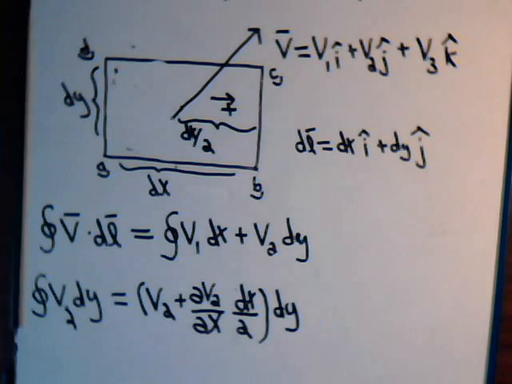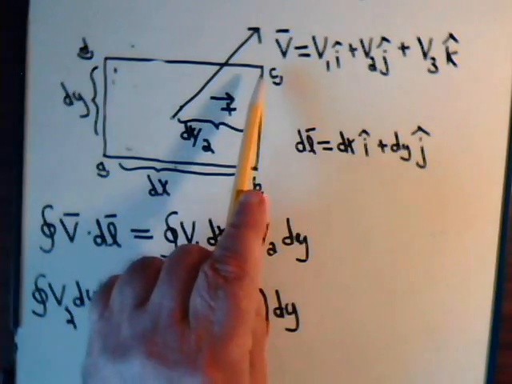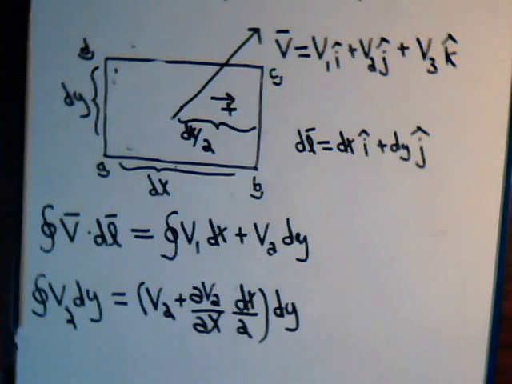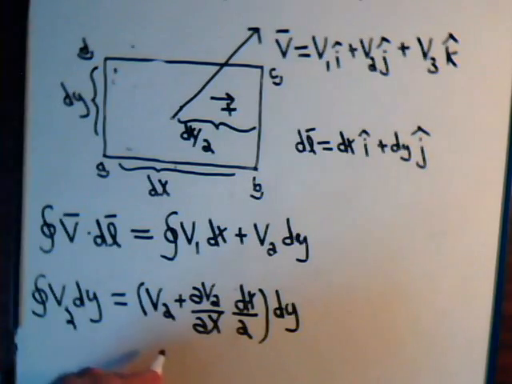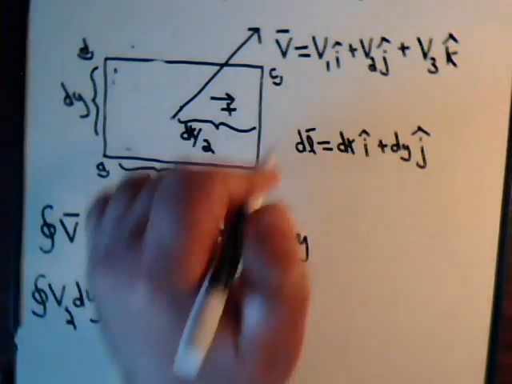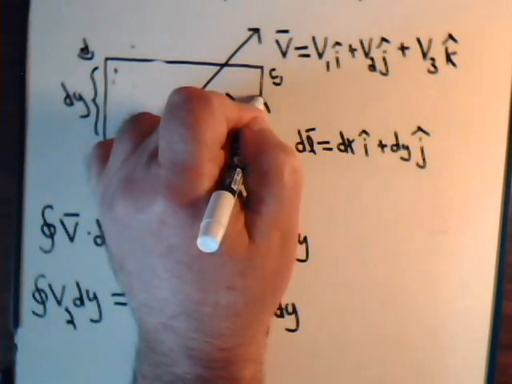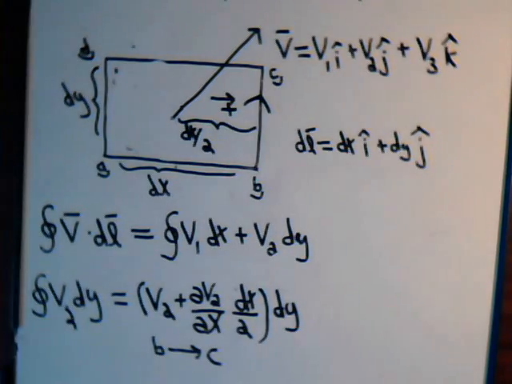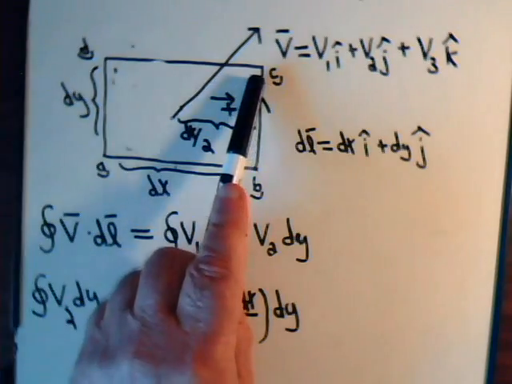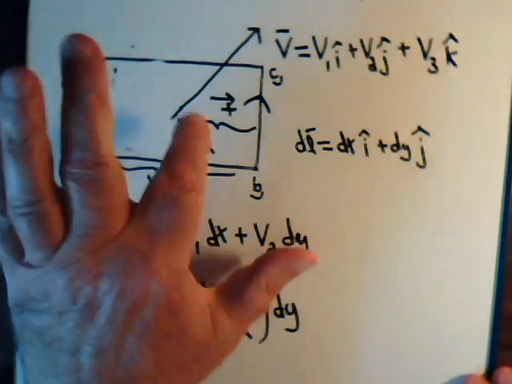And the amount of change is that partial derivative that tells us how v2 changes with respect to x, times the amount of change in x. Then, when we go from here to here, dy is 0, so this is going from B to C. We're going up. Here, dy is 0.